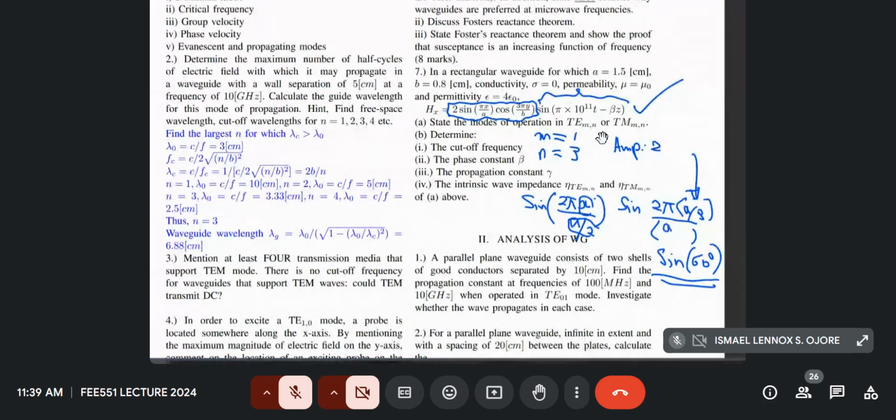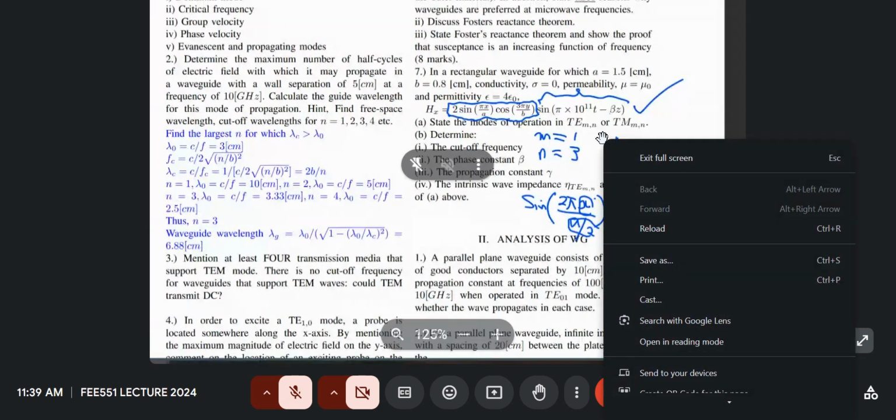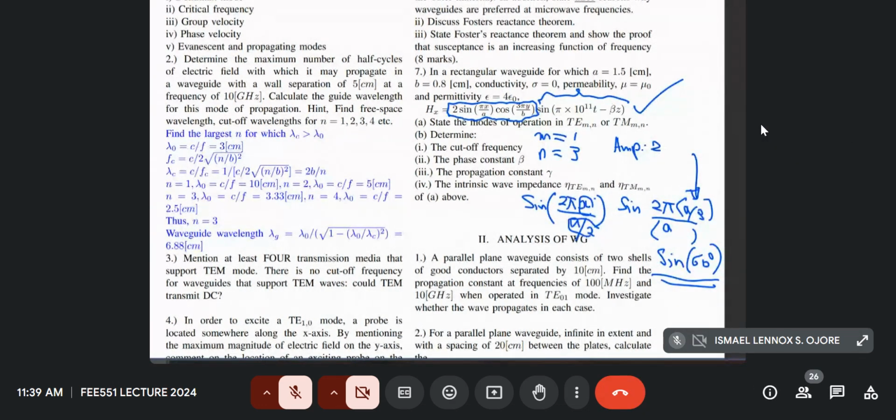If it is transverse, it means the axial component is equal to 0. Only the axial component. So EZ is 0 for a TE mode. For a TM mode, what is equal to 0? HZ. So HX, HY, those ones still exist.